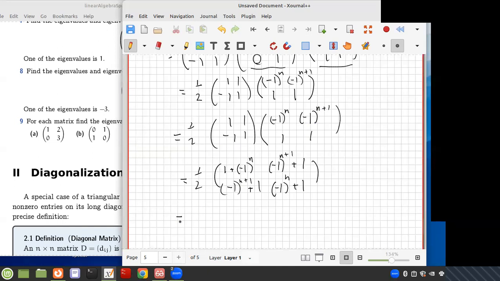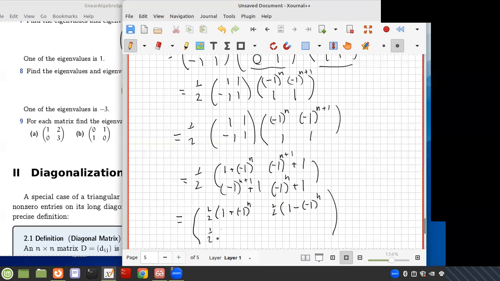Okay, so the final result looks like 1/2 times 1 plus (-1)^n, 1/2 times 1 plus... well, maybe we should take it out here and put this (-1)^(n+1) as minus (-1)^n, so that it looks like we only have (-1)^n.